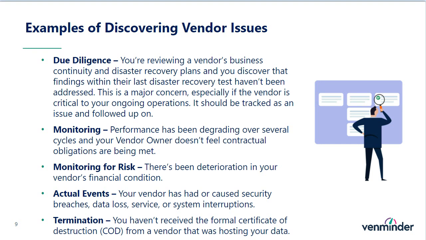So concerns, lack of controls, maybe lack of evidence, these are major concerns, especially if the vendor is critical to your own operations. So they can certainly be documented as an issue.